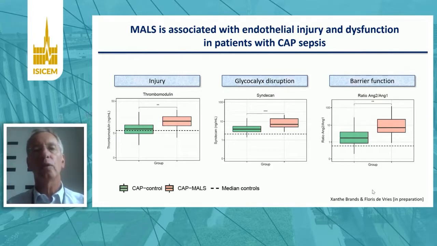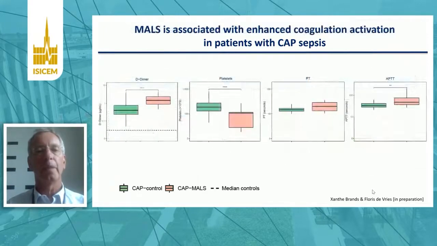So they had more glycocalyx disruption and more barrier dysfunction and also more injury. And also they had more coagulation activation, as indicated by D-dimer, lower platelet counts, and increased activated partial thromboplastin time.